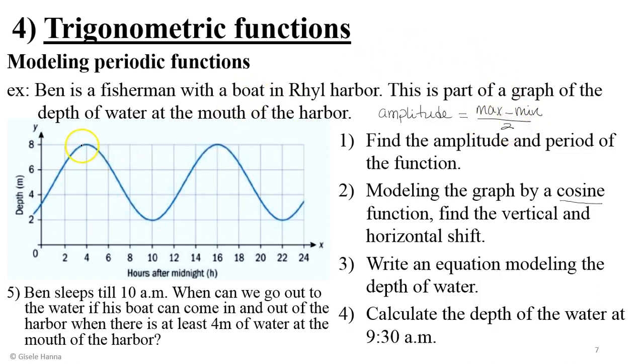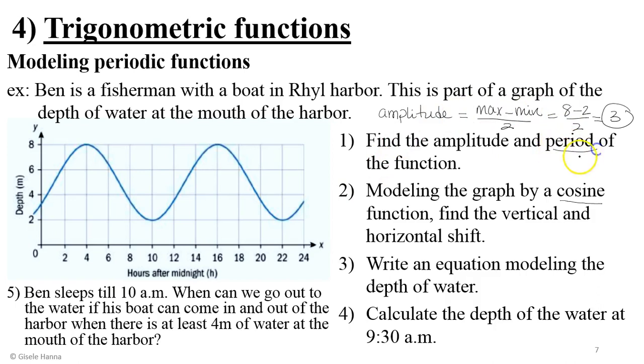So we've noticed that the maxima of the function are all at y equals 8, while the minima of the function are at y equals 2. So it's 8 minus 2 over 2. I was just thinking that the difference at the top is a 6. So it's 8 minus 2 over 2, which would be 6 over 2, which is 3. So the amplitude of the function is 3.